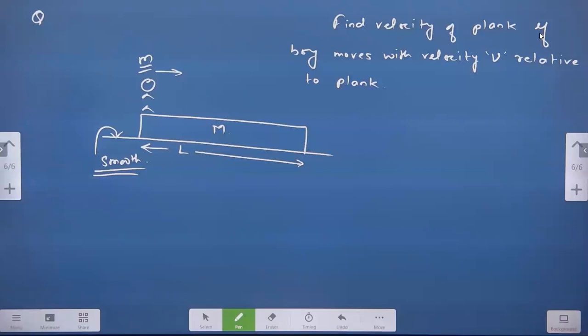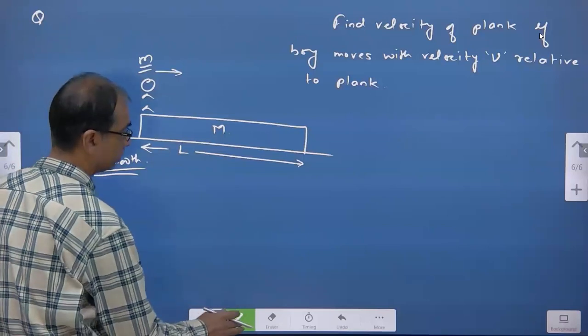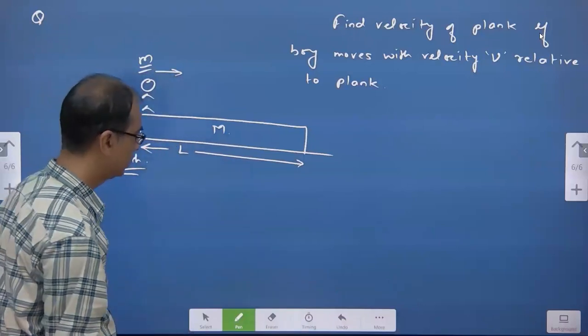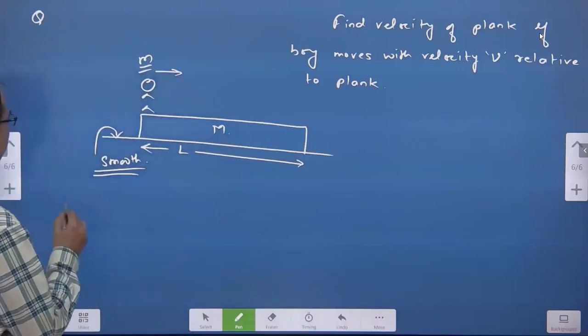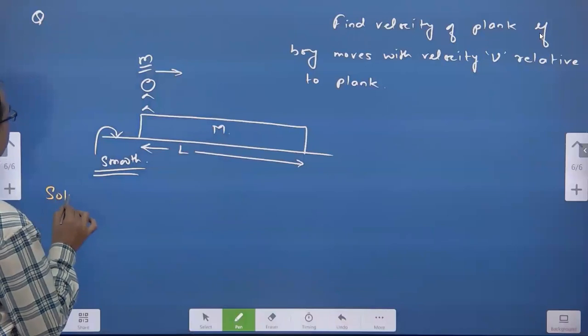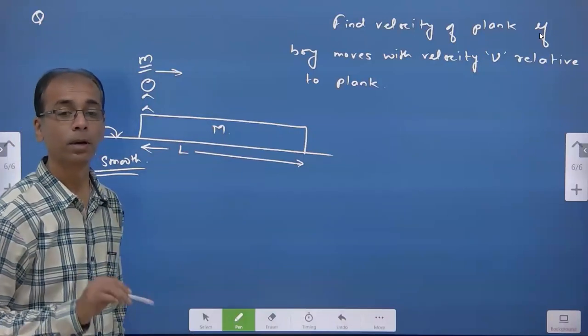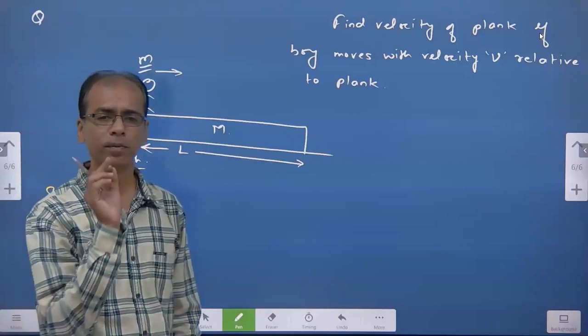Completed? Yes, sir. Okay. So now in this question, we again know there is no external force. So we know momentum is conserved. But we conserve momentum before and after an event.